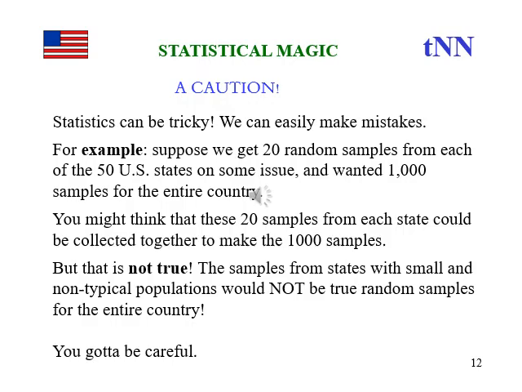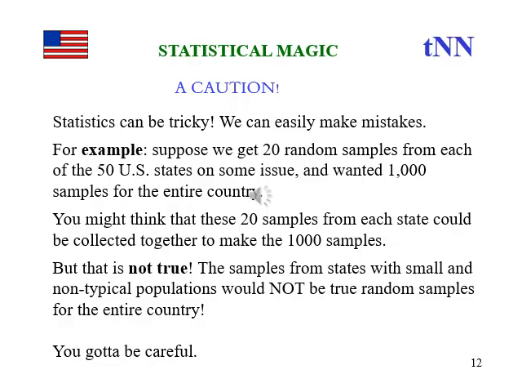A caution. Statistics can be tricky. We can easily make mistakes. For example, suppose we get 20 random samples from each of the 50 United States and wanted 1,000 samples for the entire country.